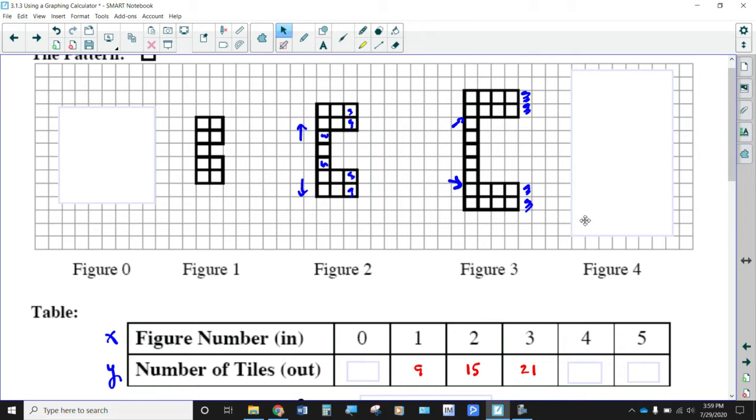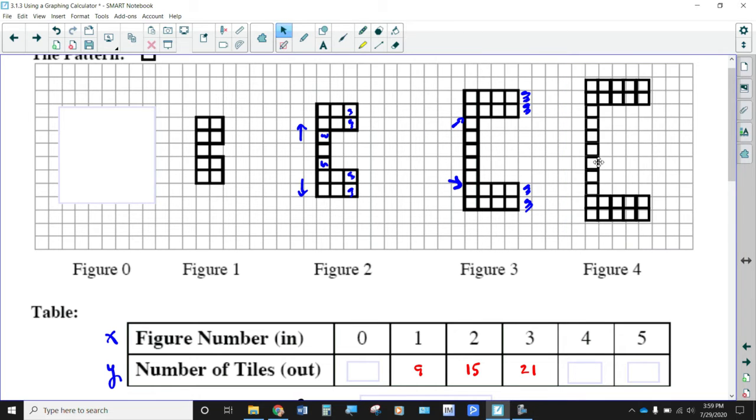And so this is what my figure 4 looked like. We got 20, 21, 22, 23, 24, 25, 26, 27. Is that an increase of 6? Yes, it is. Okay, so we've got a consistent growth pattern where every figure number is increasing by 6.